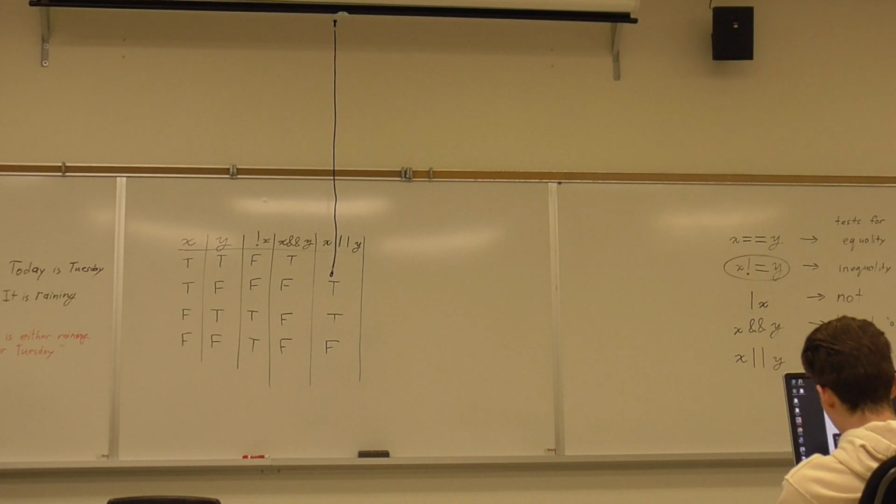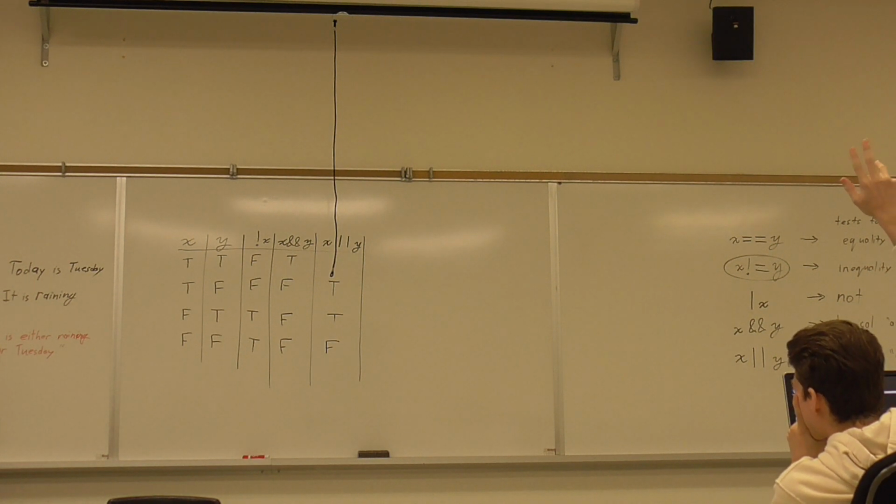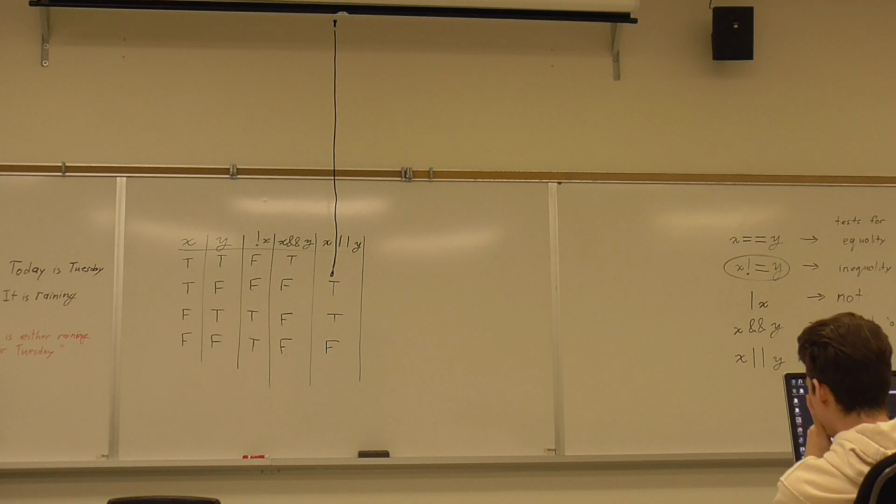Now for the fun one. Let's say that today is Tuesday and that it is raining. Is it true that it is either raining or Tuesday? How many people think yes? How many people think no? Wow, that's perfectly split opinion.